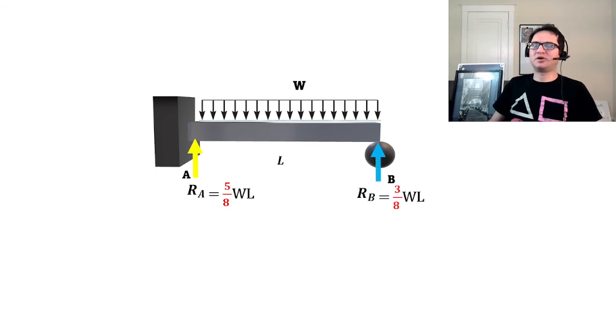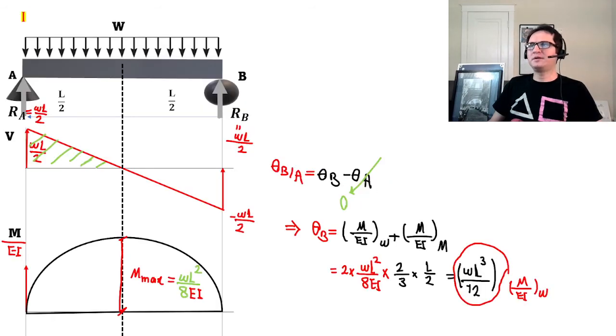So that's RB. And at the same time, we already calculated the reaction at A and the reaction at B, and we want to know what theta at B is. Theta of B with respect to A is just theta B minus theta A. And because the original shape has a fixed support, theta A is 0, so theta B is just M over EI due to the distributed weight, plus M over EI due to the concentrated moment.